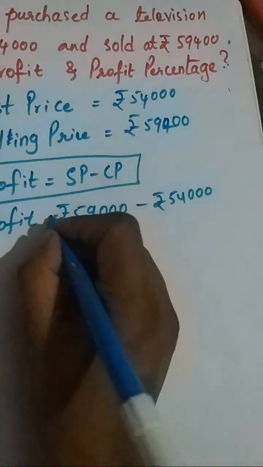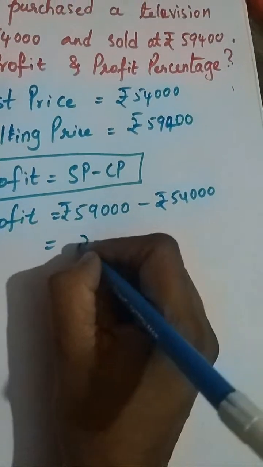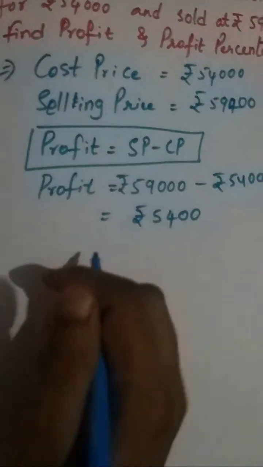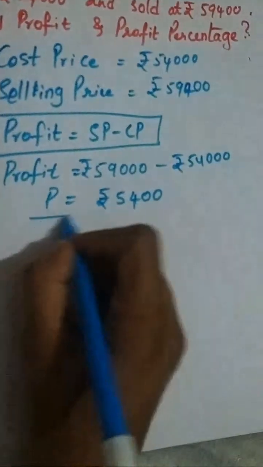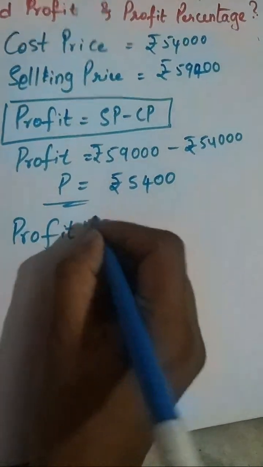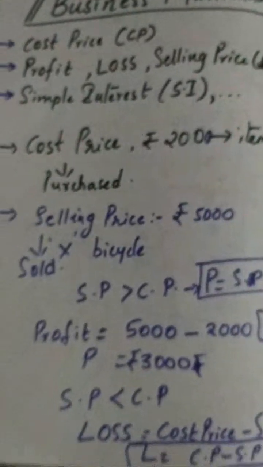Now 59,400 minus 54,000, we got rupees 5,400 profit. Okay, this is the profit we obtained. Now we have to find the profit percentage. What is the formula of profit percentage? I have written here already all formulas.